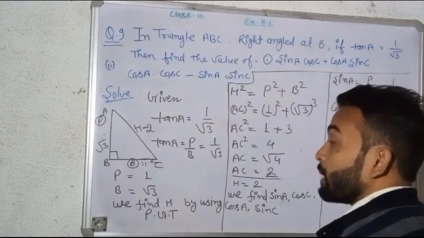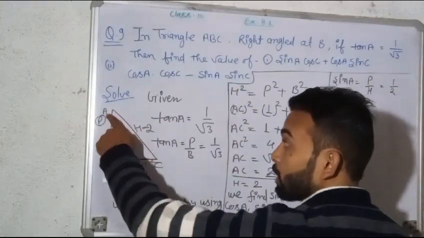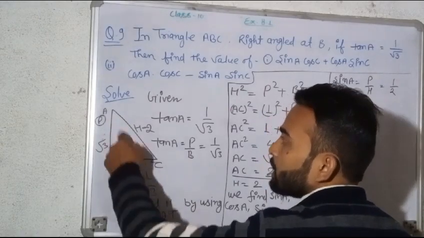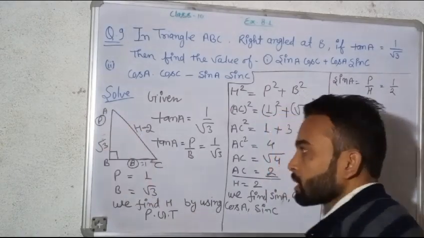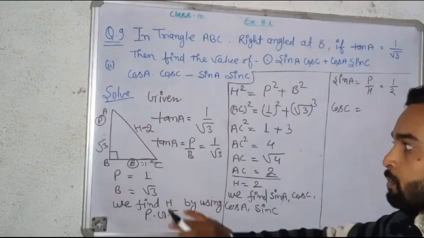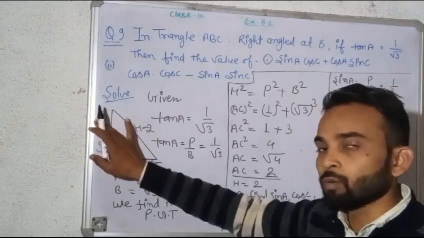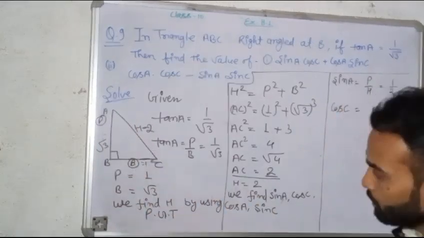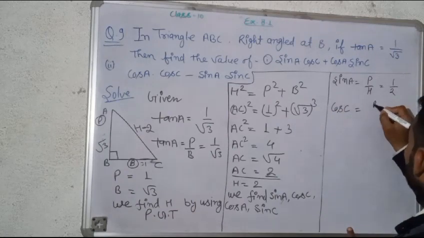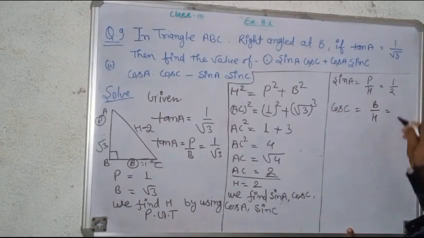Clear? But we observe according to A, this becomes perpendicular, not base, and AB will be base. Clear? But we observe angle C, so it becomes perpendicular and it becomes base. Cos C is equal to B by H, base upon hypotenuse, so it becomes 1 by 2.